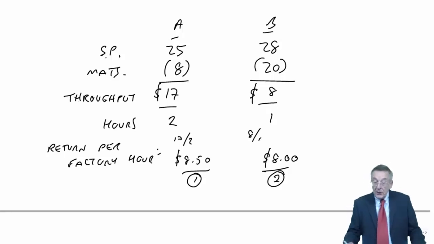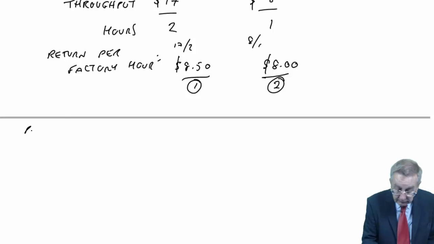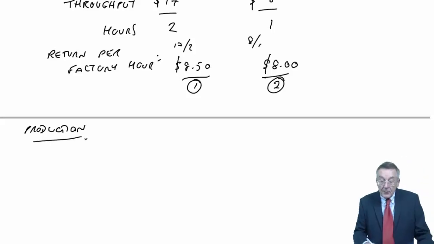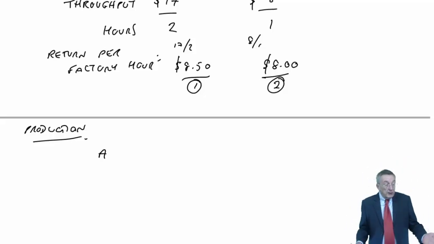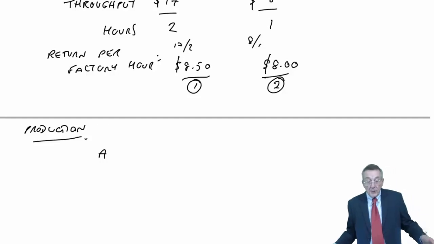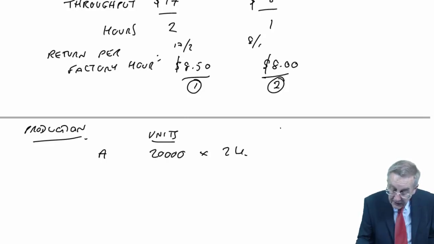And so how are we going to produce our production plan? A is better, so we'll produce as many A's as we possibly can. We can't produce more than demand, we won't sell them, so we'll produce 20,000 A's. Each one takes 2 hours, and so that uses 40,000 hours.